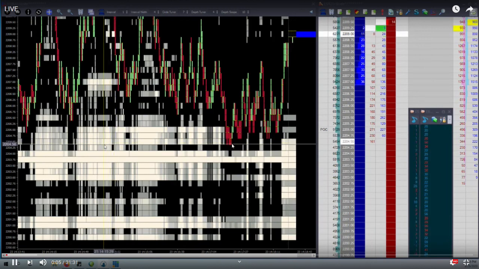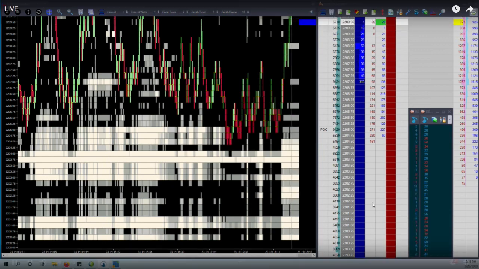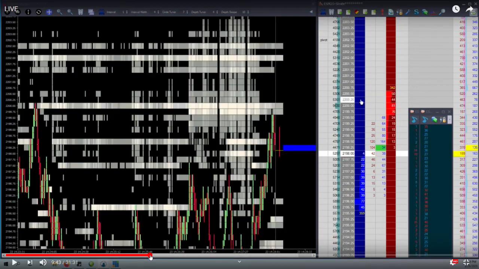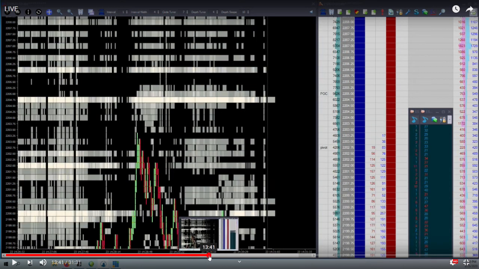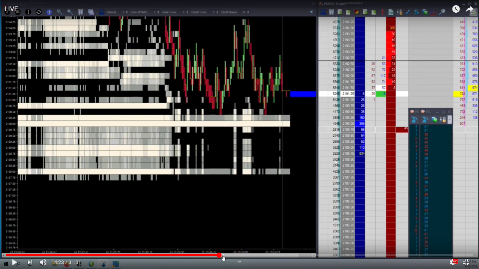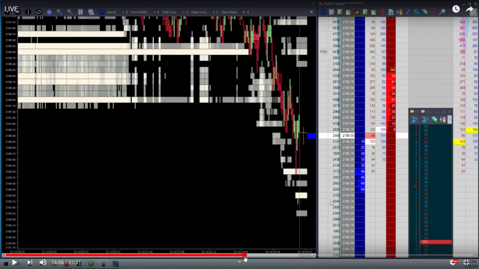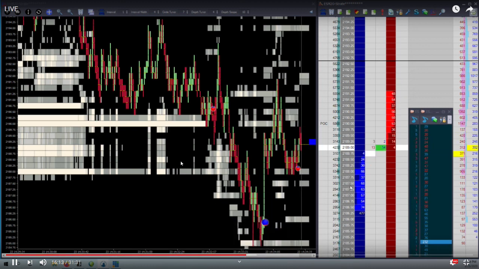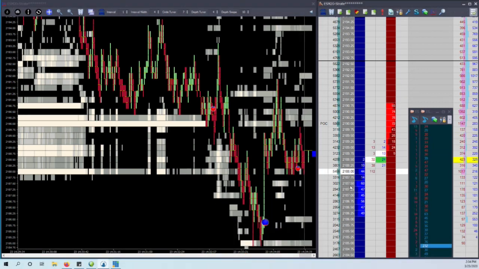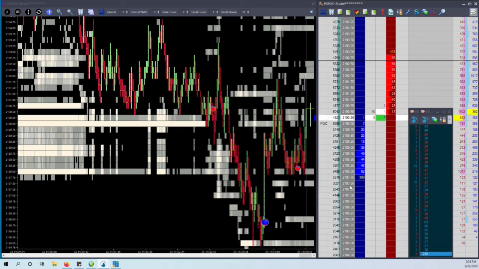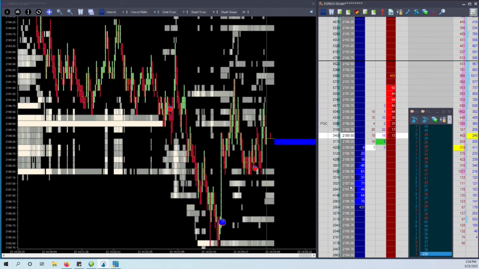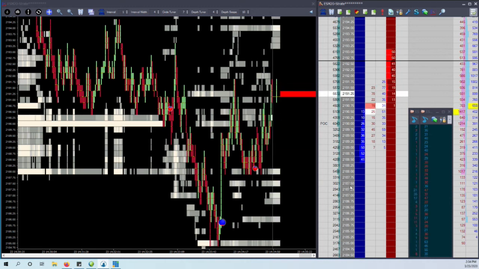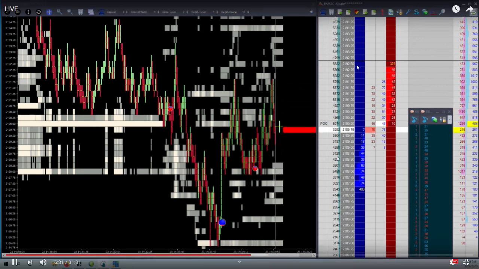What is it at? 35, 235. So you can see it put in this low here. $190 is a point of control, but that's why it's chopping on it.